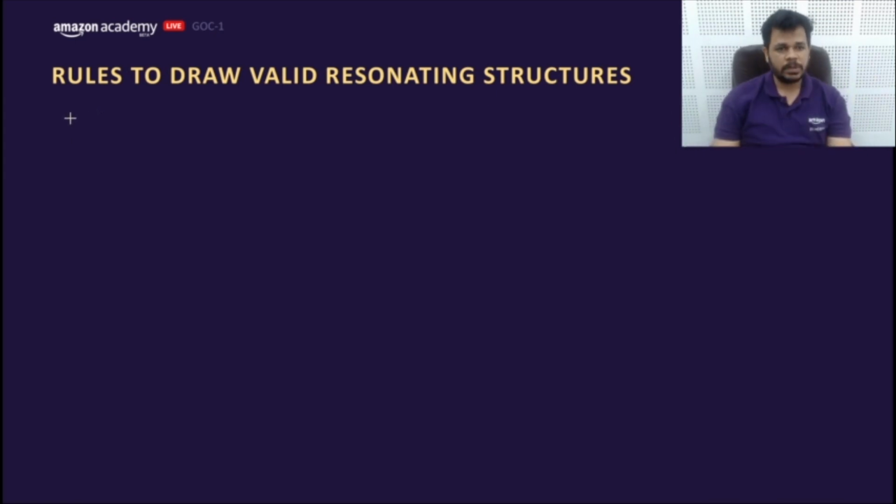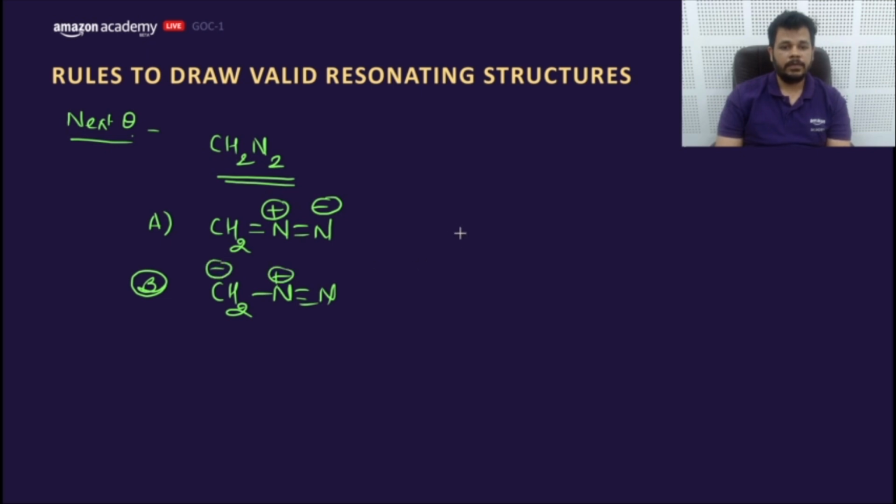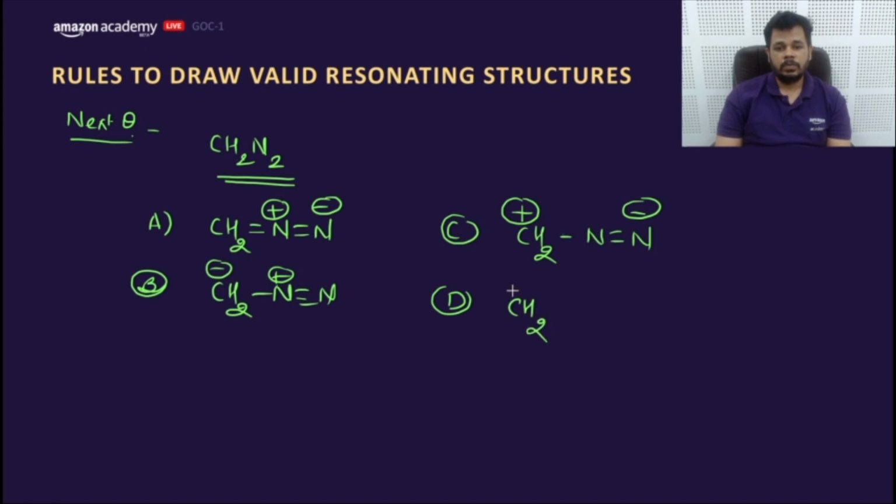Let's move to the next question. Compare the stability of this azomethane, CH2N2: A, CH2 double bond N positive and negative; B, CH2N triple bond N positive and negative; C, CH2 N double bond N positive and negative; and lastly D, CH2 N double bond N positive and negative.